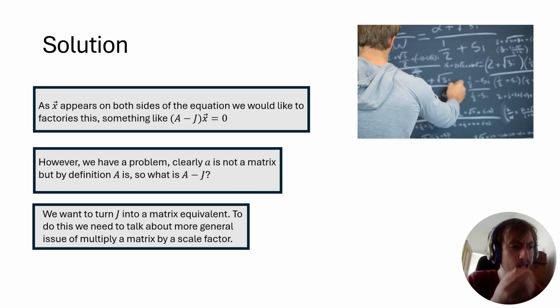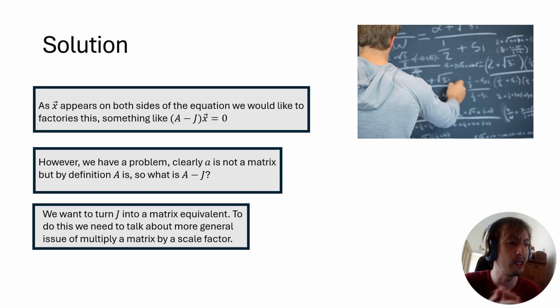And we use the identity matrix because it gives us a way to turn our number j into its matrix equivalent. And there are already hints, from what we said in the previous video, that we might want to use the identity matrix to do this, because we said the identity matrix is the matrix equivalent to the number 1. So the identity matrix is our first and primary matrix version of a particular number.